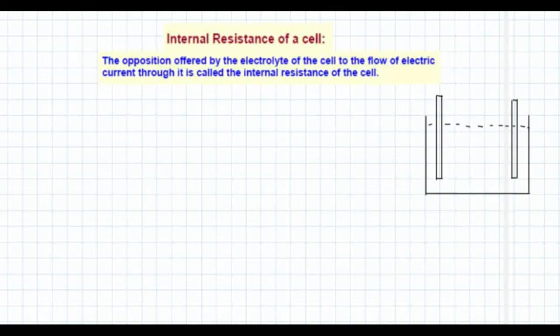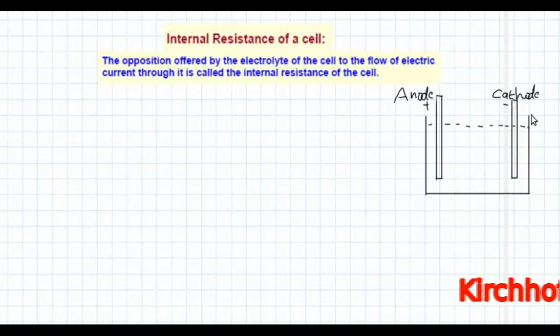And this is how we normally draw a cell. There will be an electrolyte, then there are two electrodes. One electrode is called the anode, which is the positive electrode. Then there is the negative electrode or cathode, and positive charge is present at the anode and negative charge is present at the cathode.